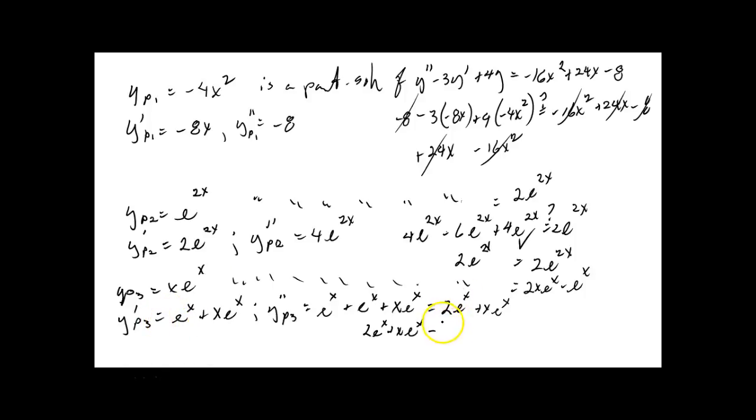That would be minus 3 e to the x minus 3x e to the x, plus 4y. That would just be plus 4x e to the x. And the question is that equal to 2 e to the x plus x e to the x.